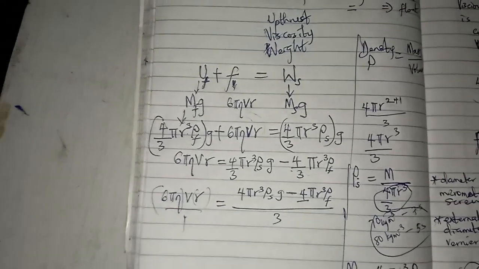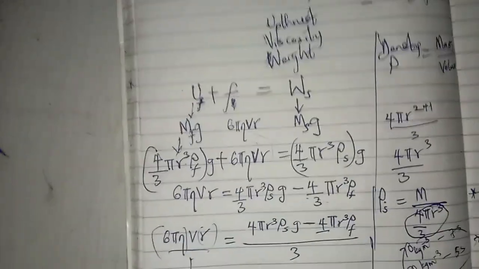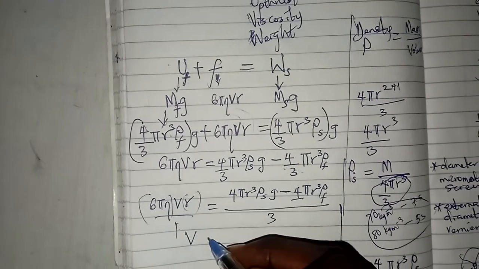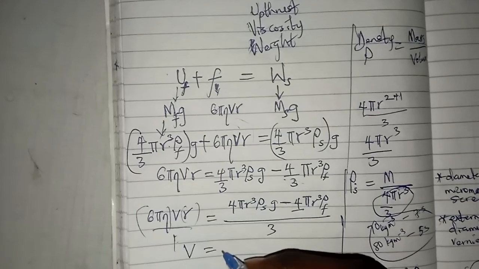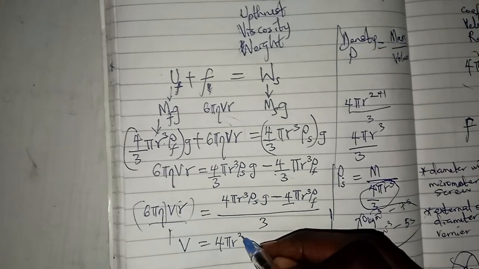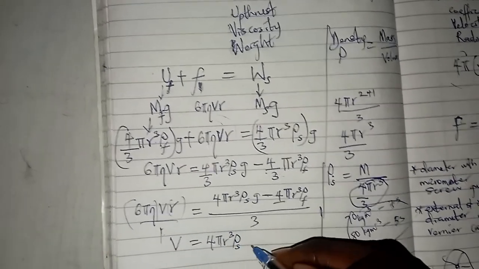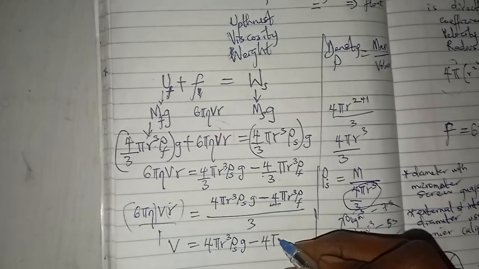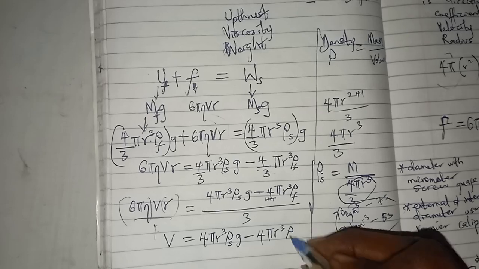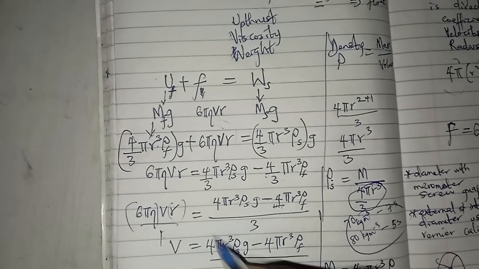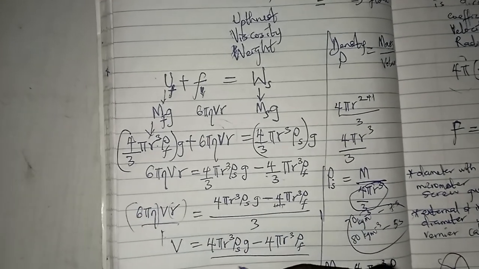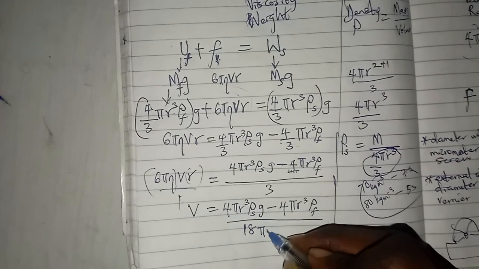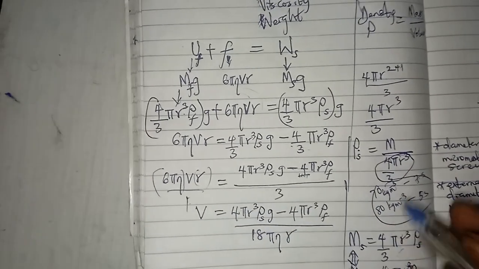When it crosses over, I will have 1 times this, so V equals 4 pi r cube rho S, density of sphere, G minus 4 pi r cube, density of fluid, all over 6 times 3, 18 pi eta r.